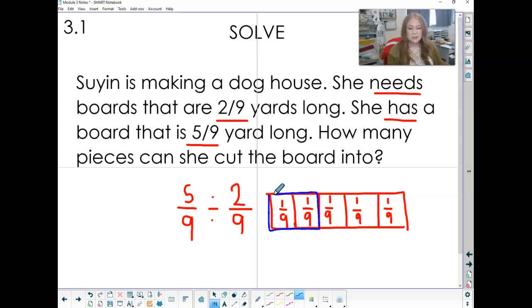So here's a 2/9. Here's a 2/9. So she can cut 2 boards. And then I don't have enough to cut another full board. I will have 1/9 of a board left over. So we always have to start with what we have and divide it by the pieces that we need.